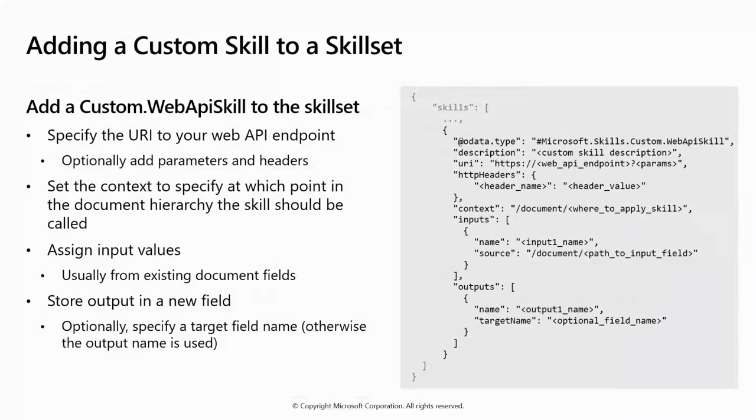If it's not, you can ignore it. We need to set the context to specify at which point in the document hierarchy the skill should be called, assign inputs from existing document fields, and store output in a new field. Optionally, we can specify the target field name.